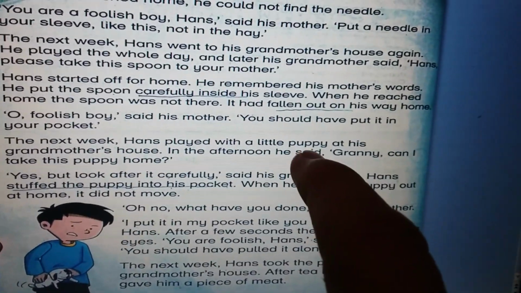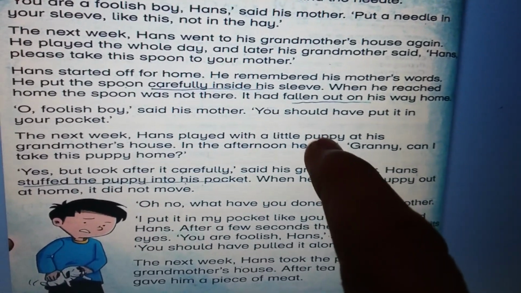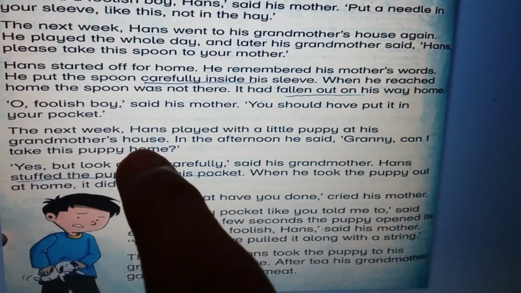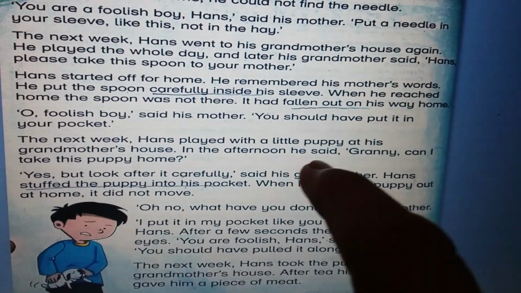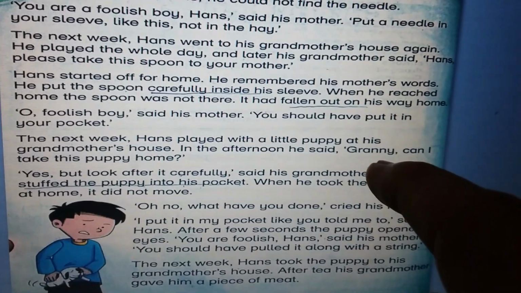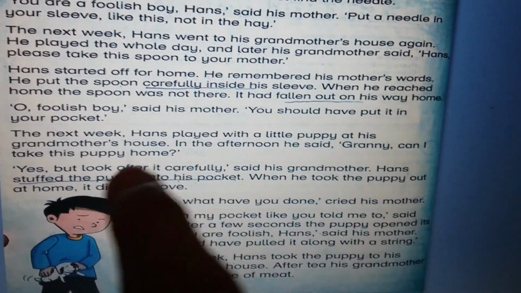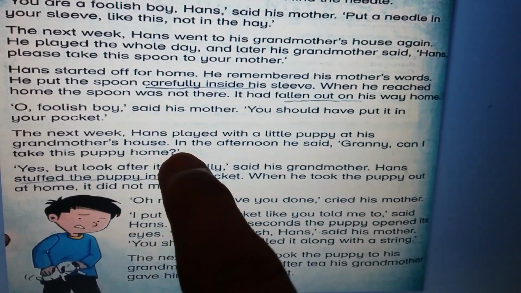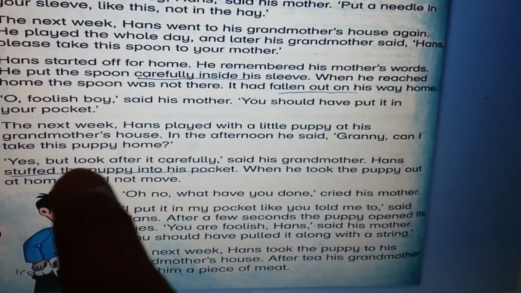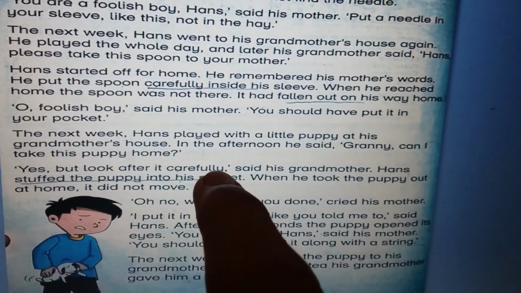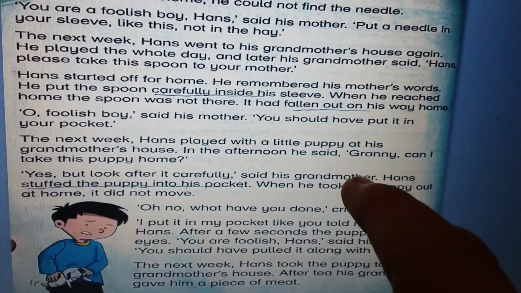The next week, Hans played with a little puppy at his grandmother's house. Puppy is a dog's baby. In the afternoon, he said, Granny, Granny is his grandmother's name, Granny, can I take this puppy home? Yes, but take care of it carefully, said his grandmother.